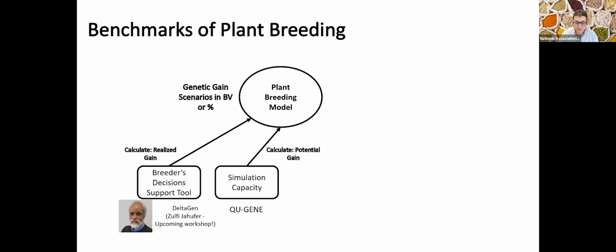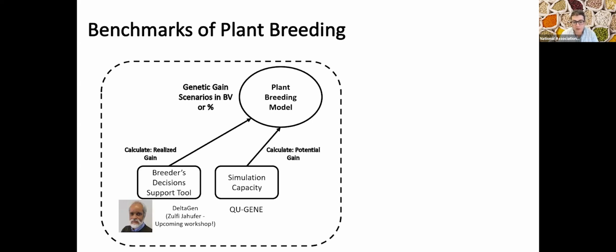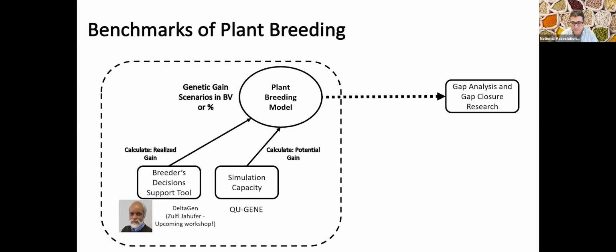Or we can merge the two, the simulation capacity and the tactical tool, to understand what is the gap that exists between the simulated condition and reality. So this is what I mentioned here.